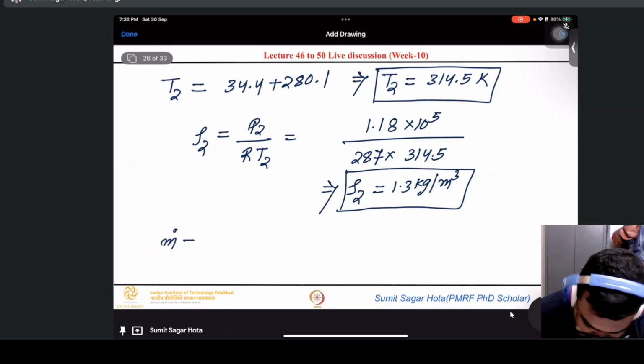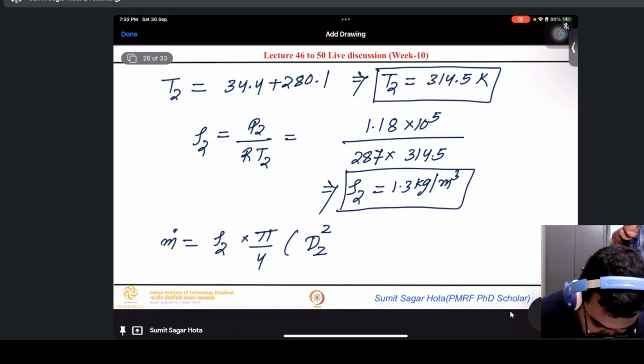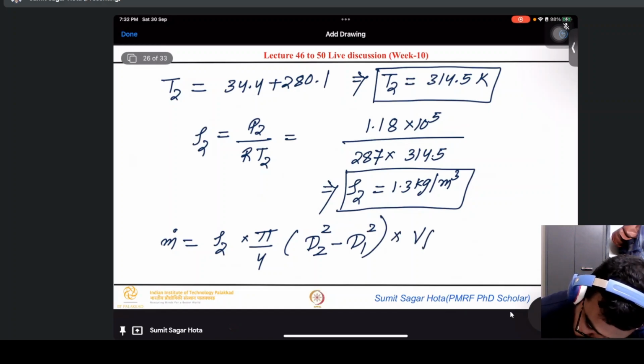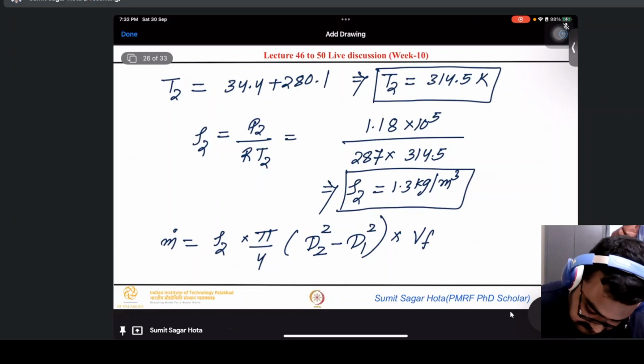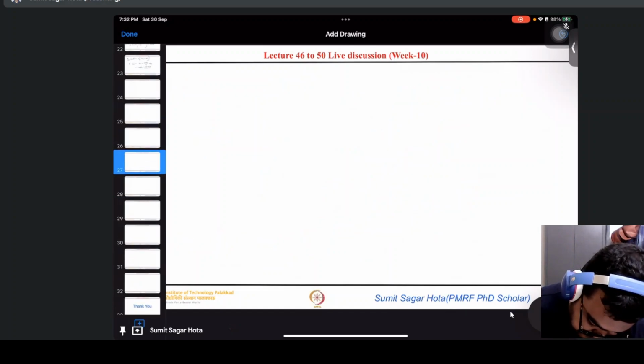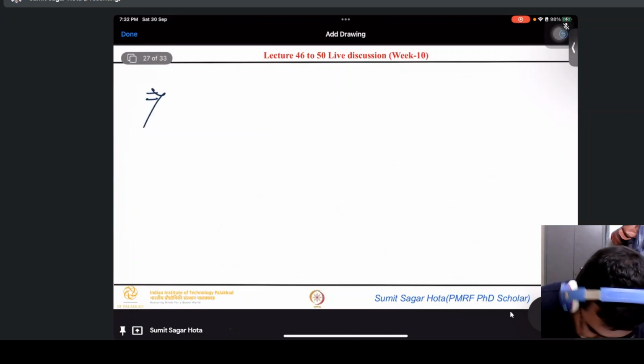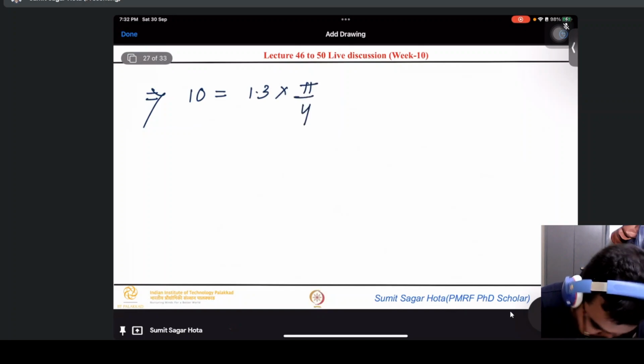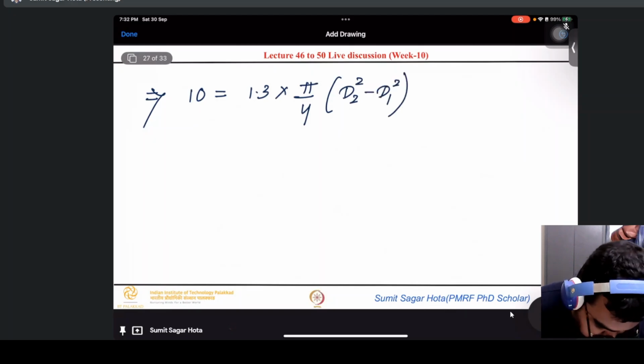So m dot equals rho 2 into pi by 4 into d2 square minus d1 square into Bf. What is m dot? 10. Rho 2 is 1.3, pi by 4, d2 square minus d1 square, Bf.